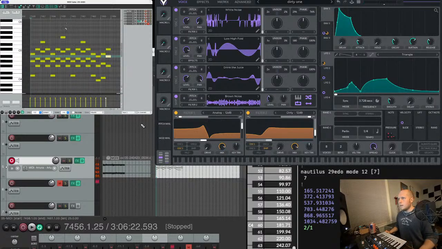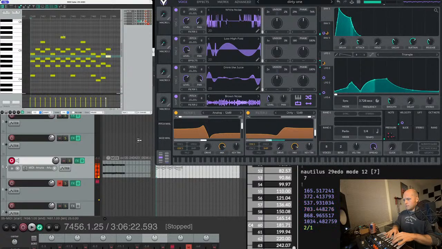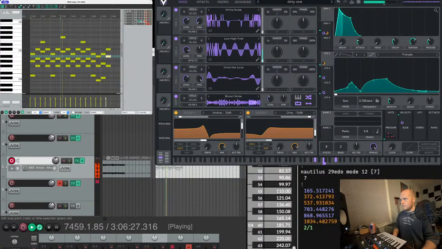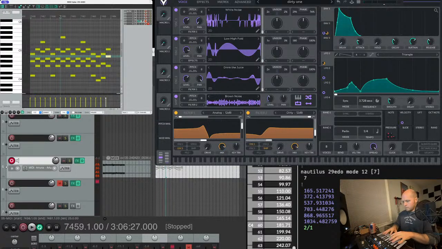And then what's this? F sharp way up top. That sounded right. And then just that again. And then what's this? C F sharp.